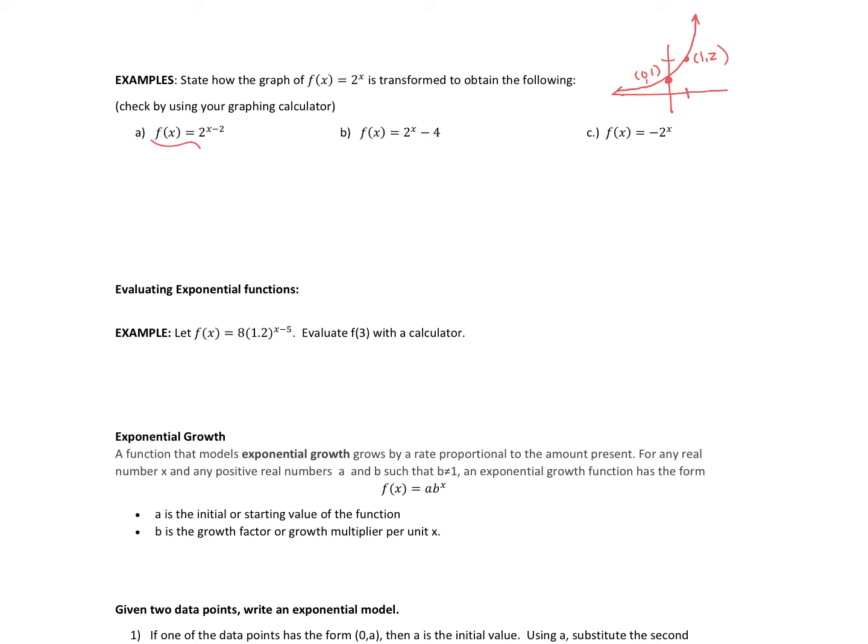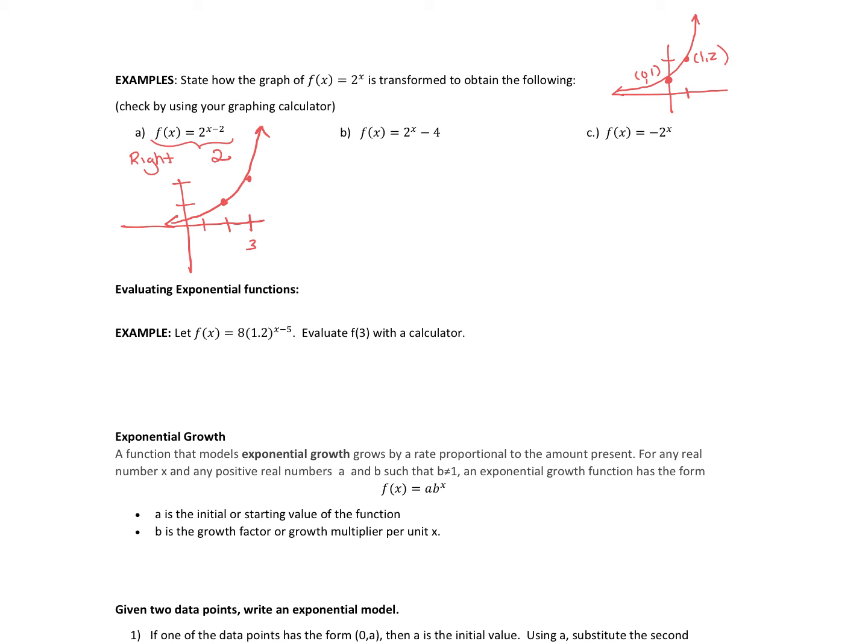If we have 2 to the x minus 2, this should be shifted to the right 2 units. So that graph might look like, instead of 0, 1, it might be at 2, 1 and 3, 2, and would have the same shape. It would just be shifted to the right.